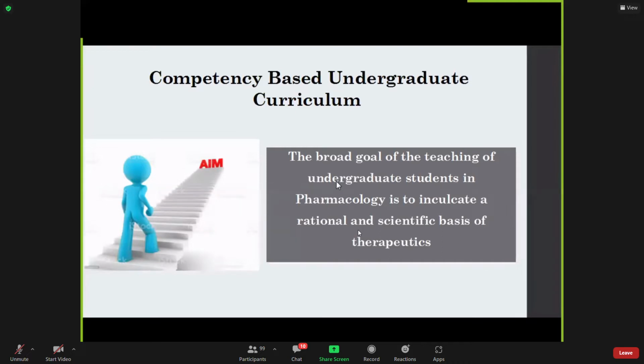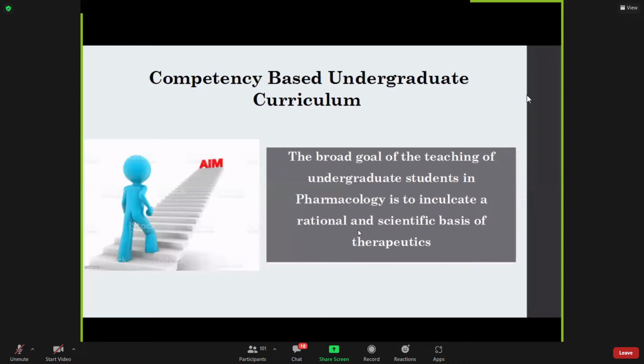The broad goal of teaching UG students in pharmacology is to inculcate a rational and scientific basis of therapeutics. Now, what do you mean by rational? Can anyone throw some light on what you understand by the term rational in the general sense?